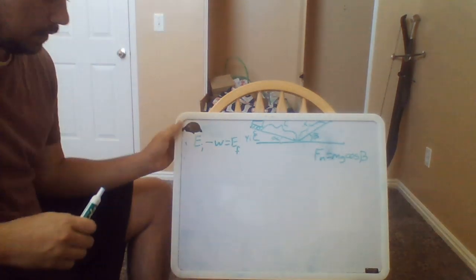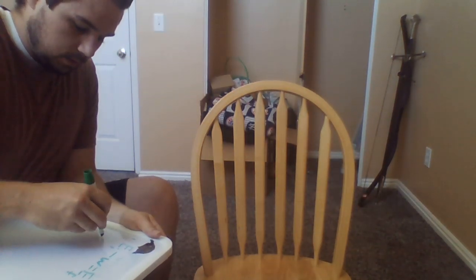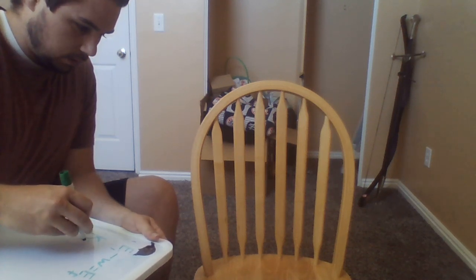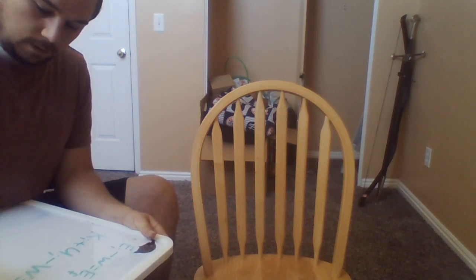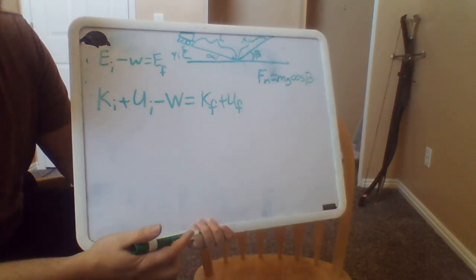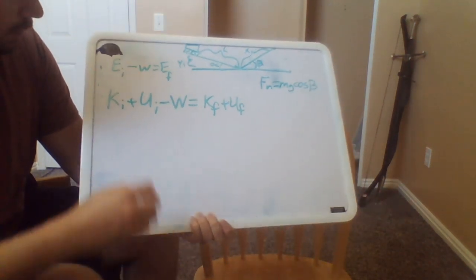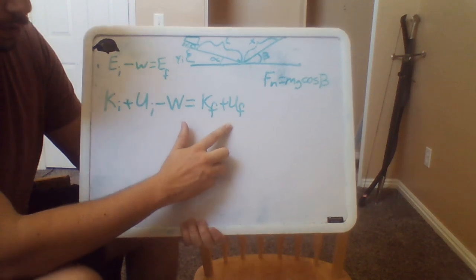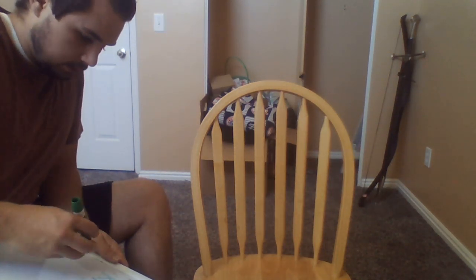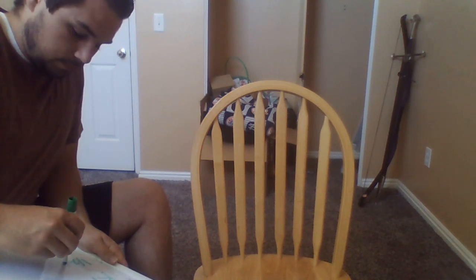So here's what we're going to do. We're going to take all those equations that we just figured out, and we're going to say Ki plus Ui minus W equals our kinetic final plus our potential final. Then we're going to have to do a bunch of simplifying and stuff like that. Let me write out the whole thing.